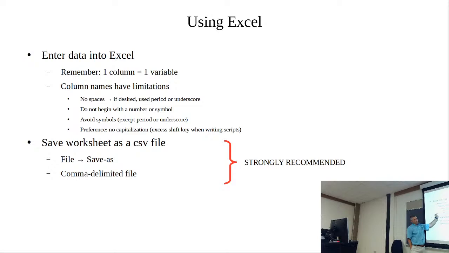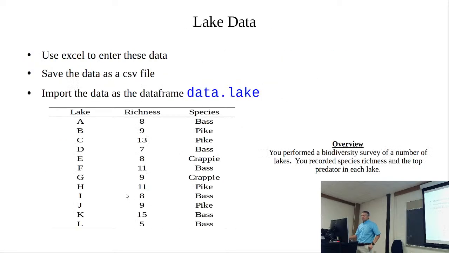And this is a preference, but I generally avoid capitalization. You can use capitals if you want, but I typically avoid it. So get that table into Excel, and then we're going to save it as a comma delimited file. So let me open up my Excel to get this working.